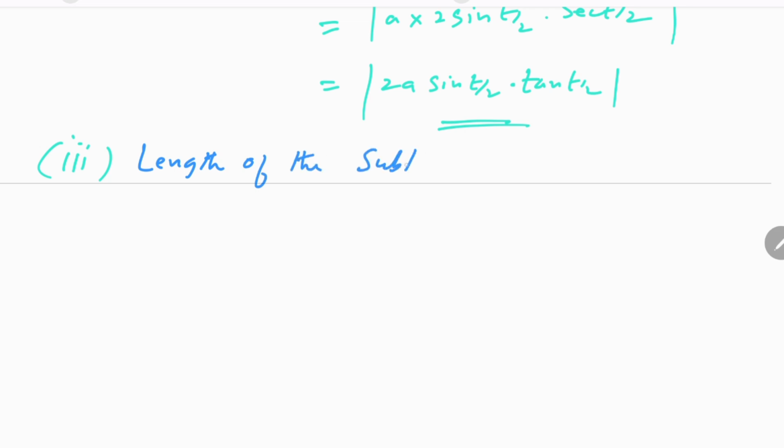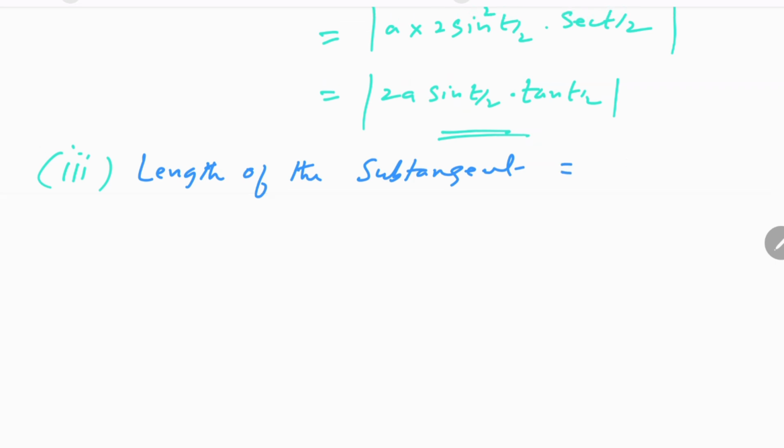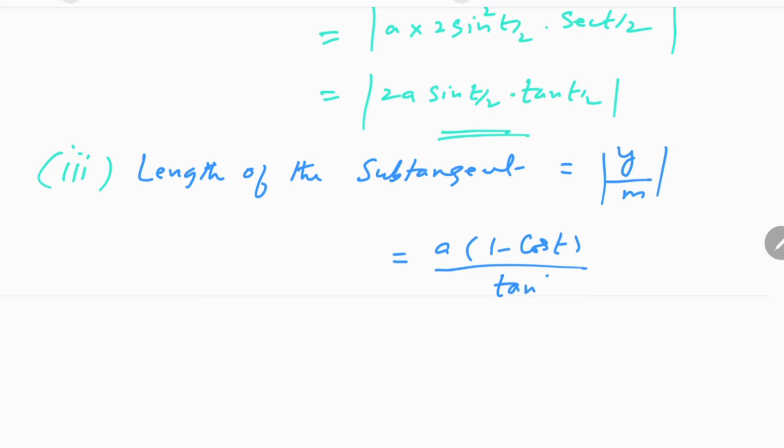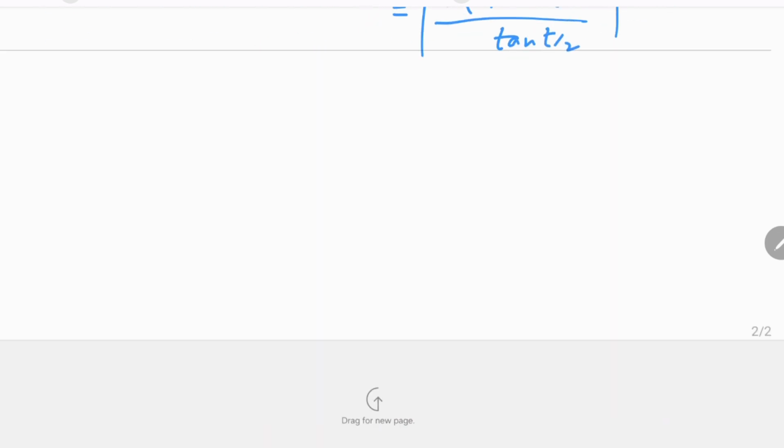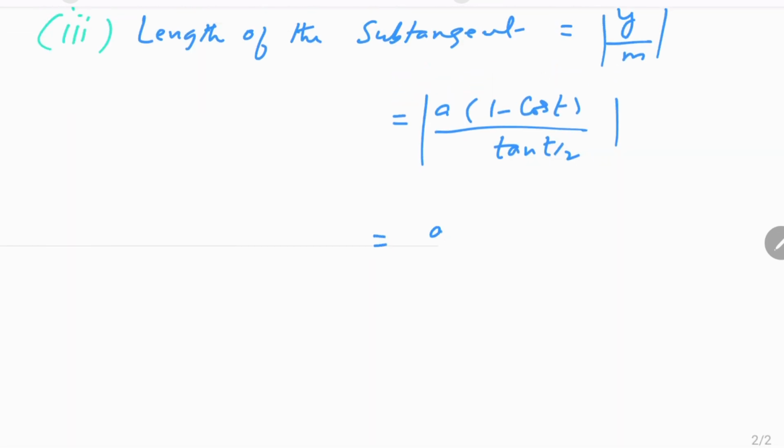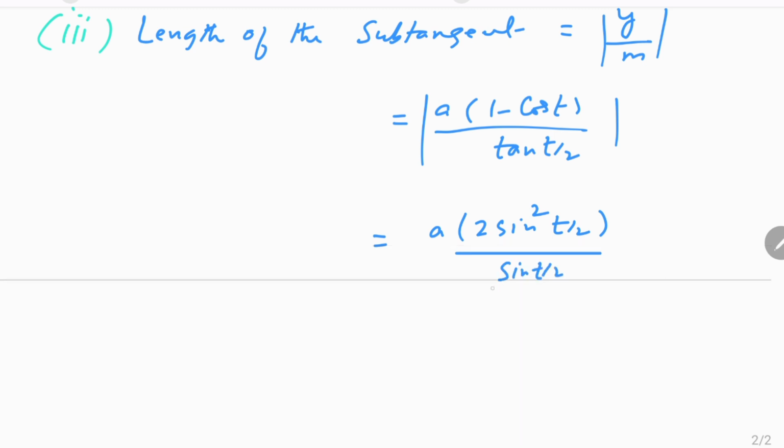What is the formula for the length of the subtangent now? It is also hidden in the same first formula we have written: y/m. a(1 − cos t) is the value of y, m is tan t/2. Again 1 minus cos t you can write as a into 2 sin square t/2. Tan t/2 can be written as sin t/2 by cos t/2.